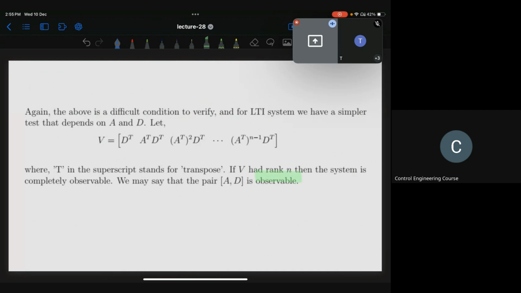Okay, so we could check. Sorry, pen is giving the issue. Just give me a minute.